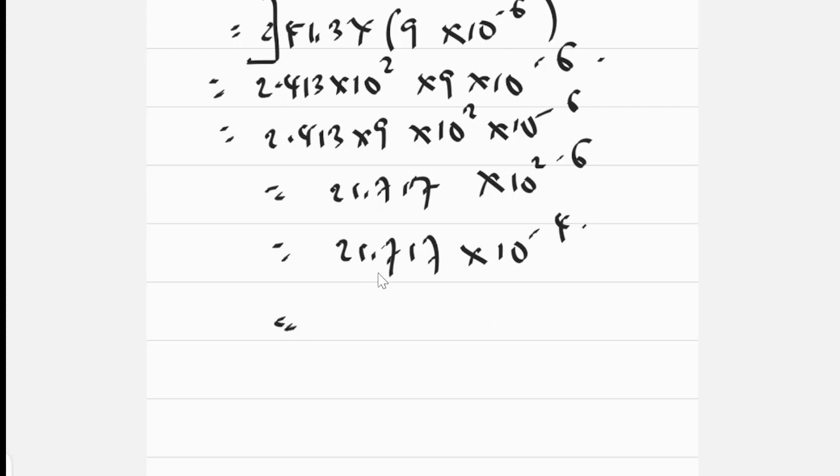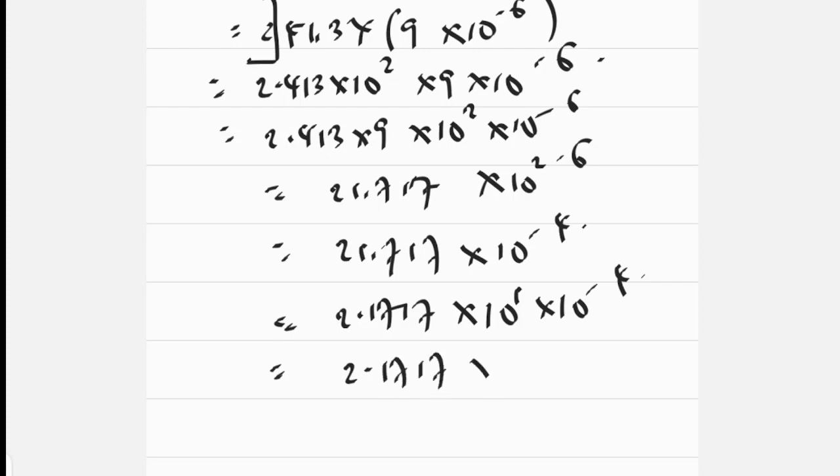Then you can rewrite this in standard form. That will give me 2.17206 times 10 raised to the power 1, then times 10 raised to the power minus 4. So this one will now give me 2.17206 times 10 raised to the power minus 3, because if you apply the law of indices, this is going to give me 1 minus 4.